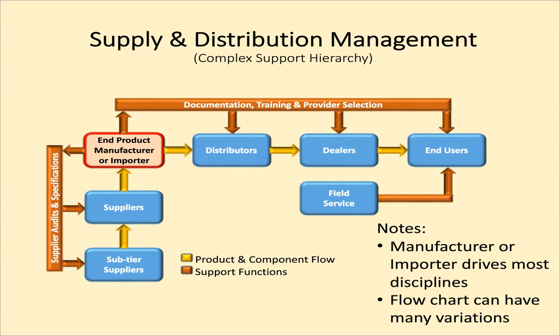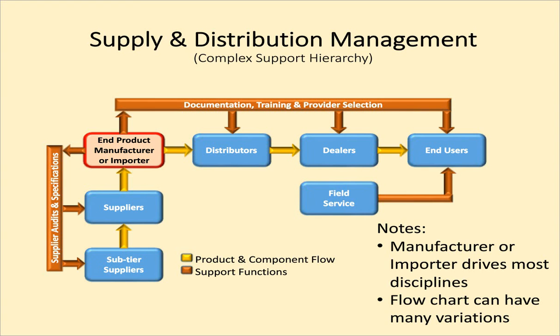To that end, it's important that the product manufacturer or importer provide the suppliers and sub-tier suppliers with a detailed set of specifications that ensure they meet the requirements of the overall system so that the end product goes out as a reliable and safe product.